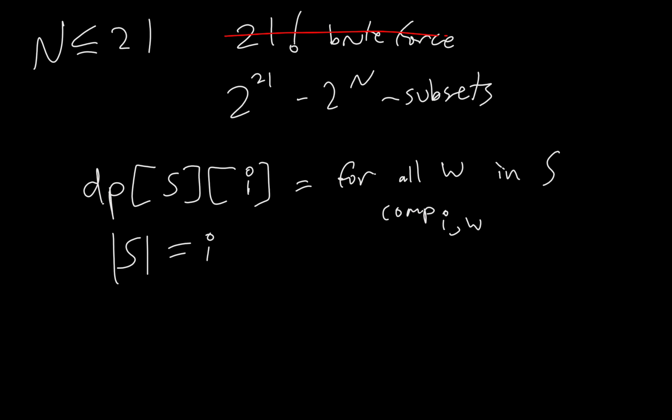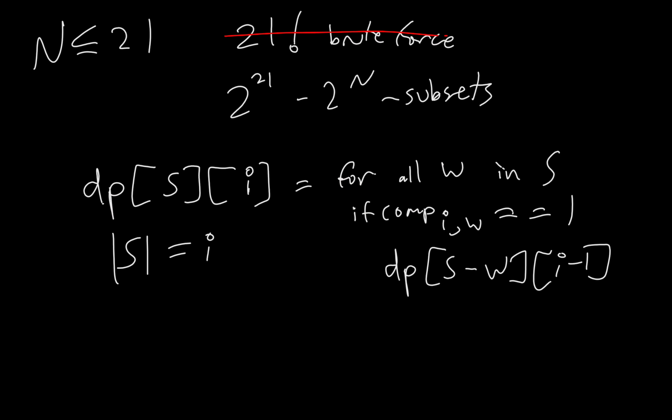If man i and the woman are compatible, then you would add dp of S minus, right, S without the woman, and i minus 1. Basically you're saying take this subset, where the woman we are now pairing is not included, so she's not taken, and where the first i minus 1 men are paired, we're going to pair that man and the ith woman, right?